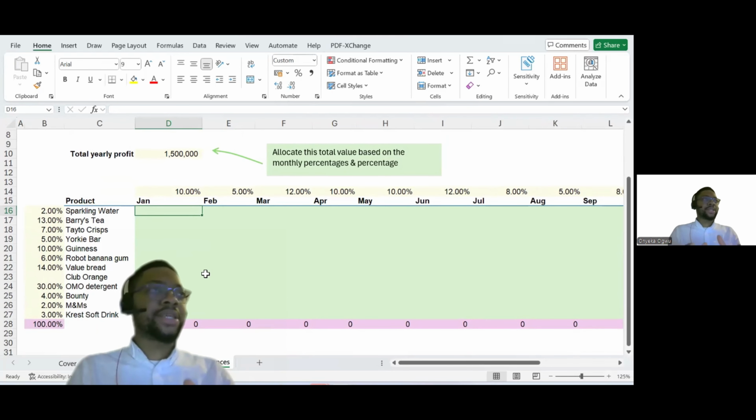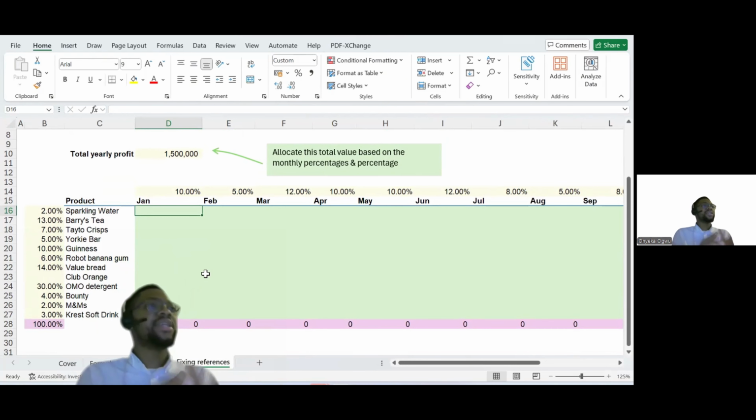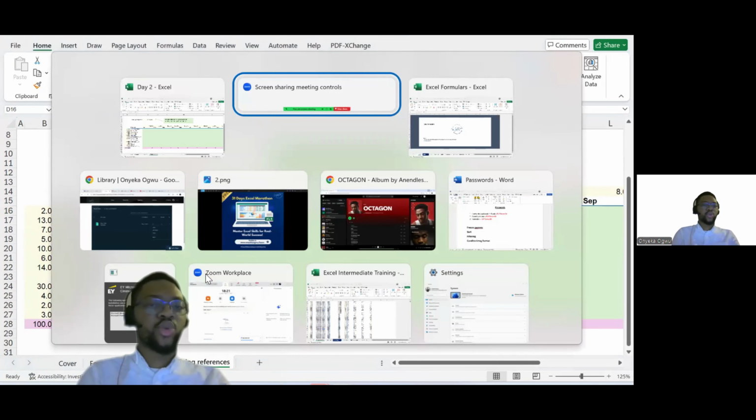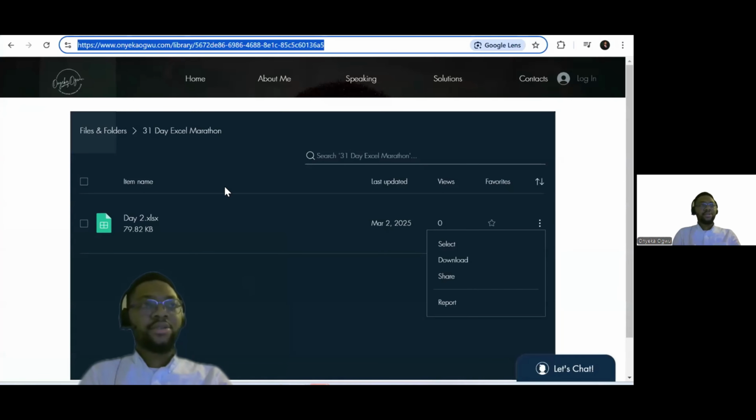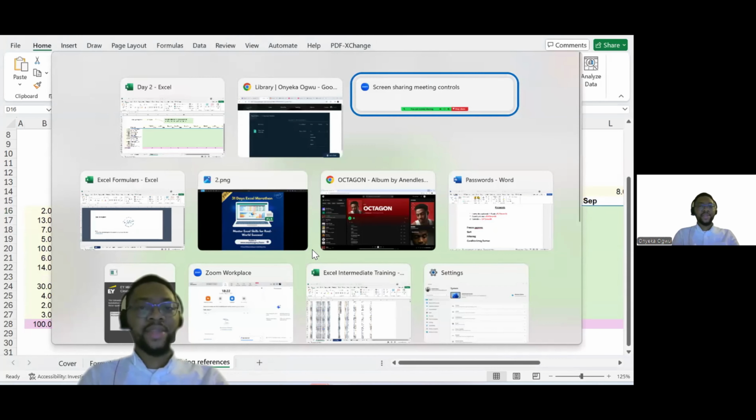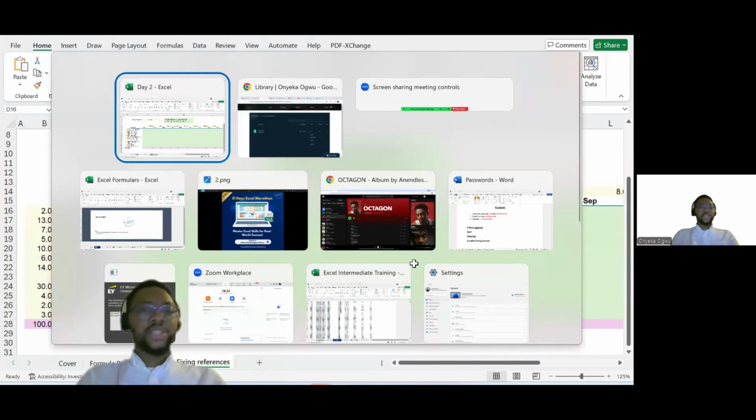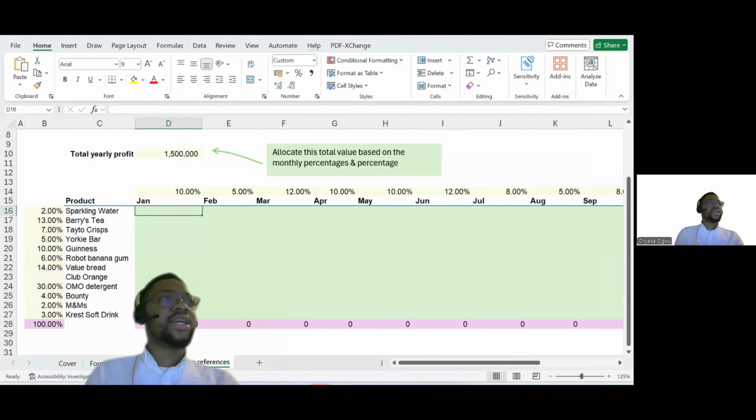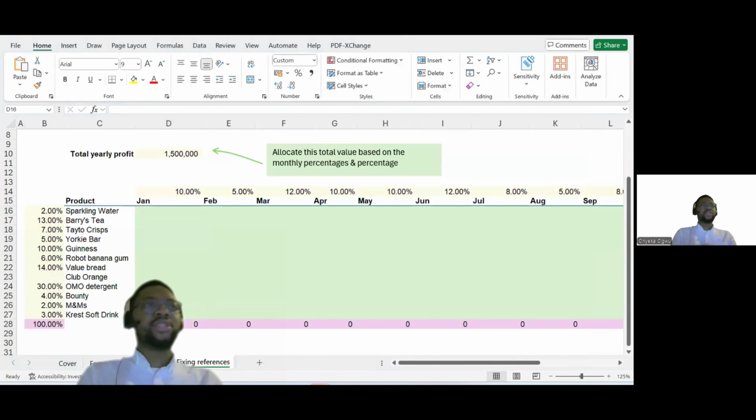This PowerPoint, sorry, this Excel I'm using. I gave us a link, onyekaoku.com/library to get it. Do we have it now? Yes or no? Because I would like to use this as the basis. So please, if you have it, open it up. If you don't have it, I've dropped the link again in the chat room.